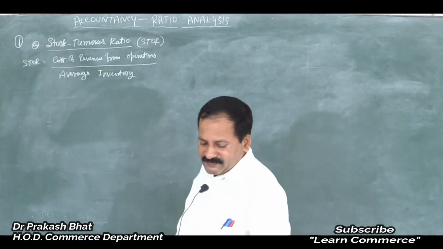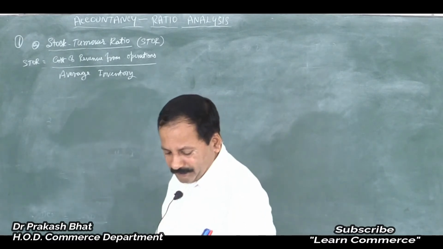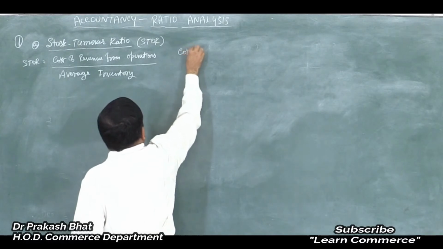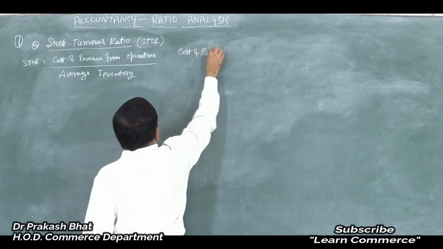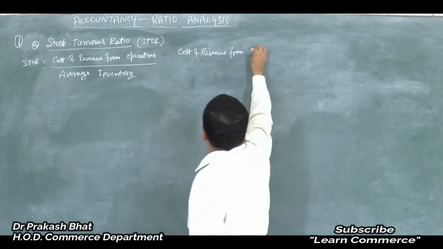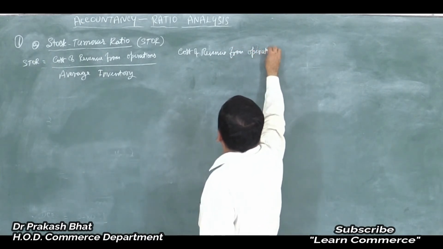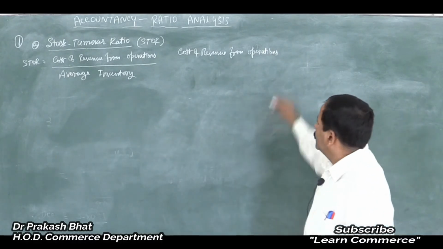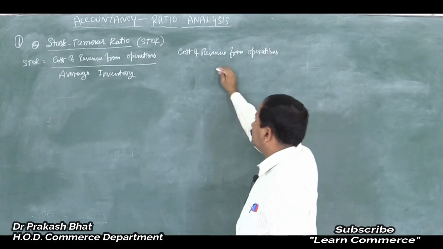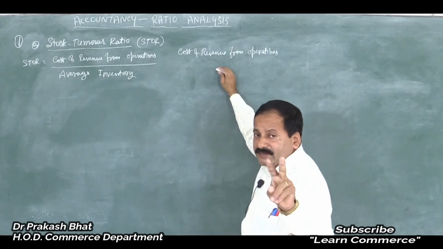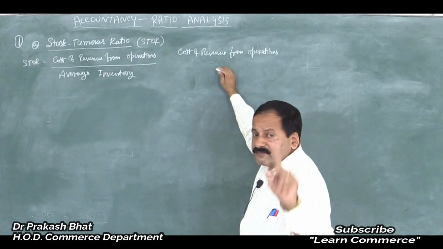Average inventory. For cost of revenue from operations, don't get confused. Revenue from operations means sales. Remember friends, revenue from operations and cost of revenue from operations, there is a difference. Revenue from operations means sales.